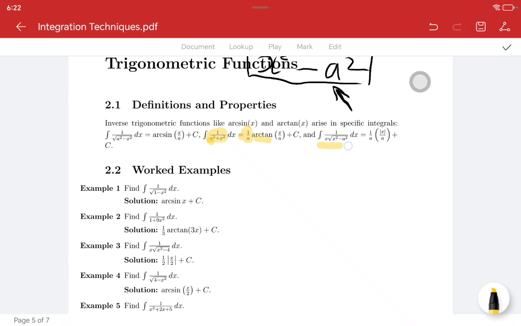Now, when we come to this one, if I have 1 over x root of x squared minus a squared, remember this x squared minus a squared is coming from the arcsec.